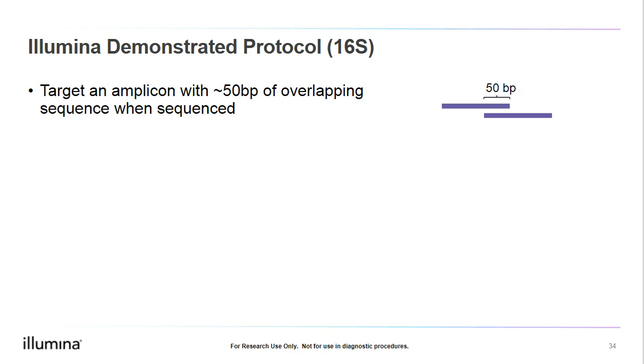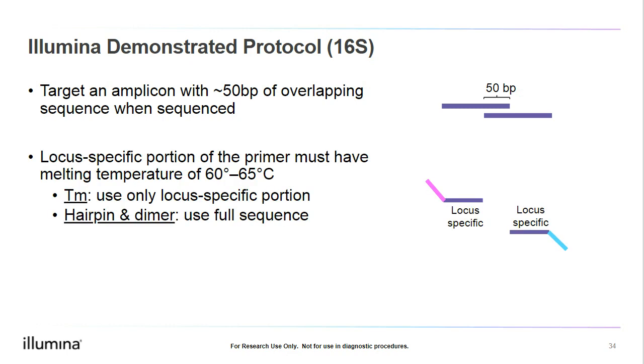Second, the locus-specific portion of the primer must have a melting temperature of 60 to 65 degrees Celsius. For the melting temperature calculation, only use the locus-specific portion of the primer, but for hairpin and dimer calculations, use the full sequence, including the overhang. Lastly, we recommend using standard desalting purification when ordering oligo primer sets.